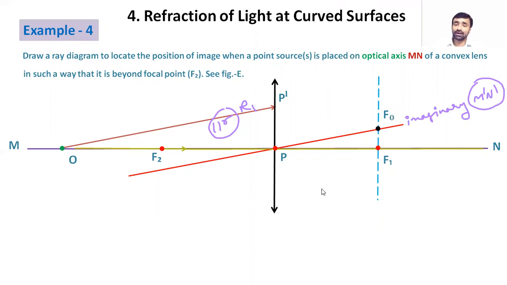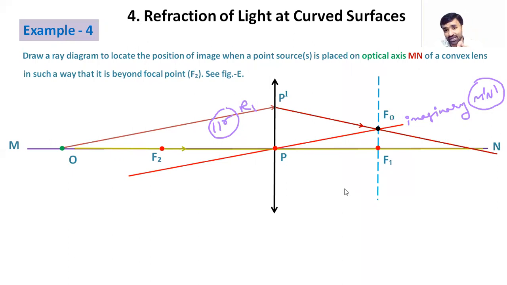So this R1 meets the point F0 because it is parallel to the imaginary principal axis.